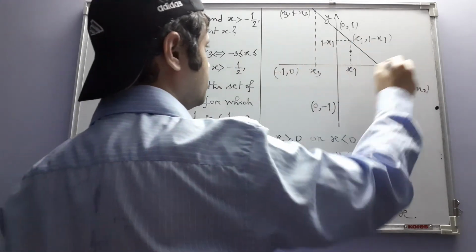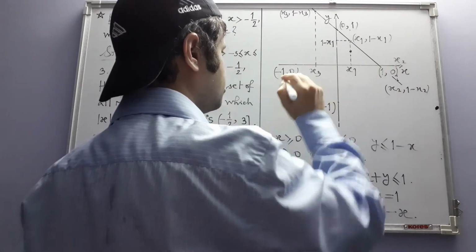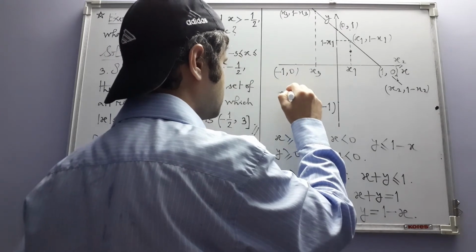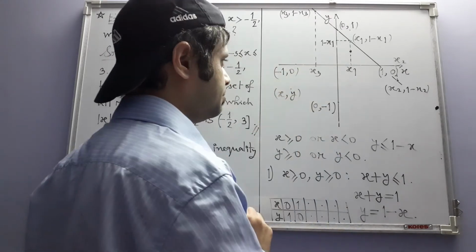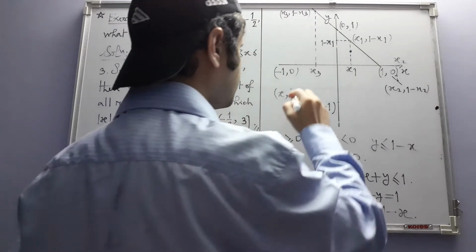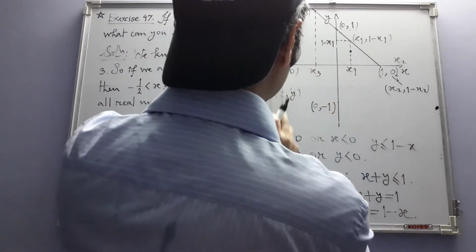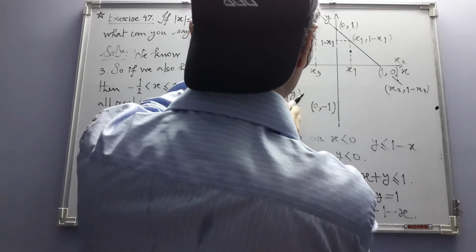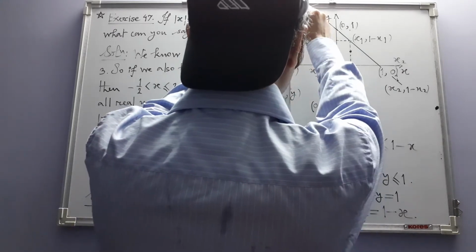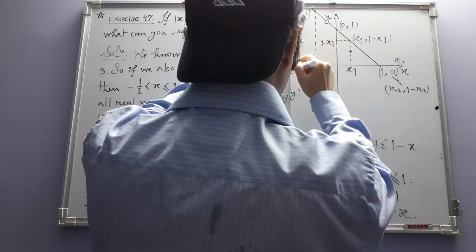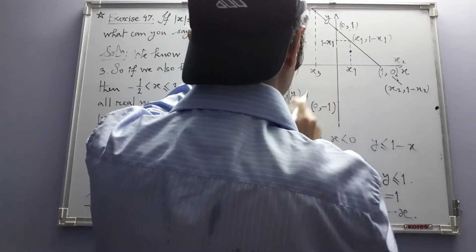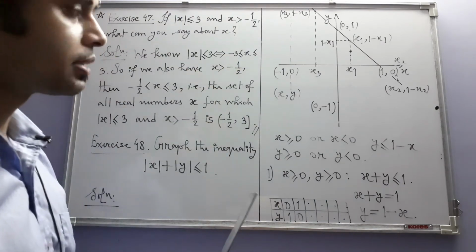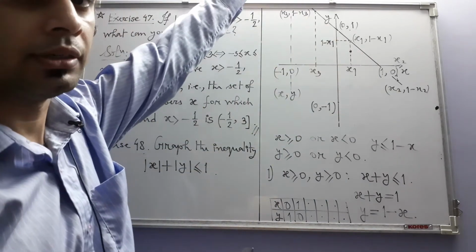Here, if you choose any point arbitrarily, say I choose this point, okay, it has some coordinates x, comma y. Then corresponding to this point, you can imagine that you can draw a vertical line through this point. That vertical line will intersect this line at some point.